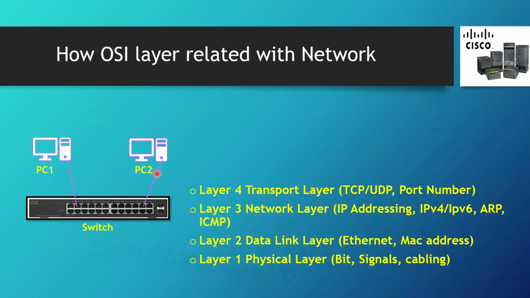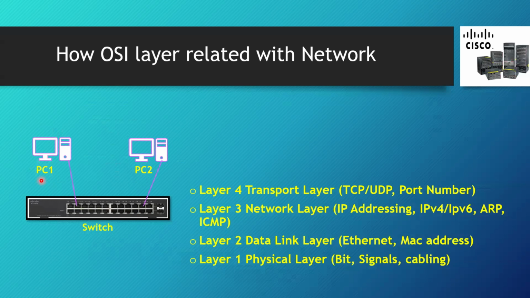For example, we have PC1. From PC1, we are sending information to PC2. So TCP's job will be to take the bits from PC1 and send the bits to PC2. Basically bits means ones and zeros, ones and zeros, like that.